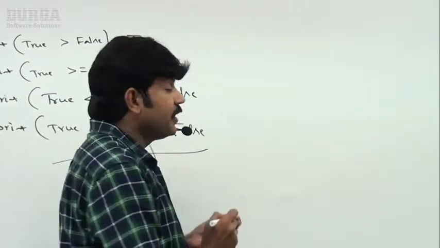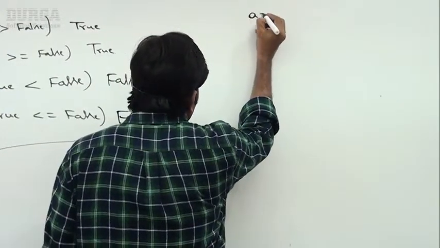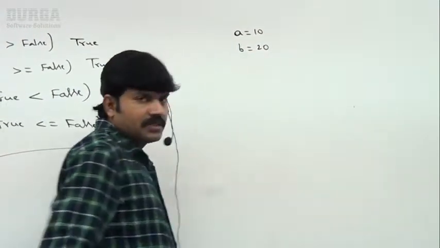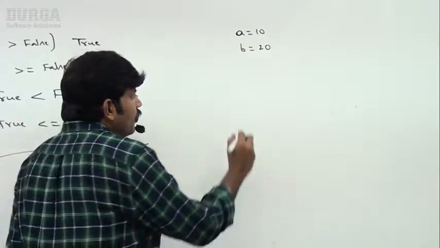Suppose I have A is equal to 10, B is equal to 20.